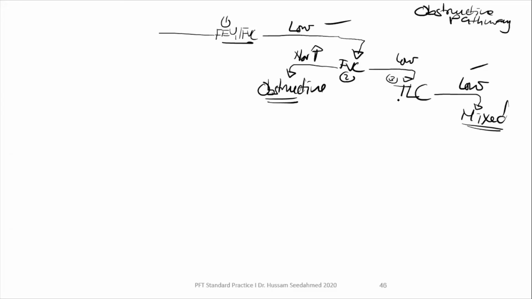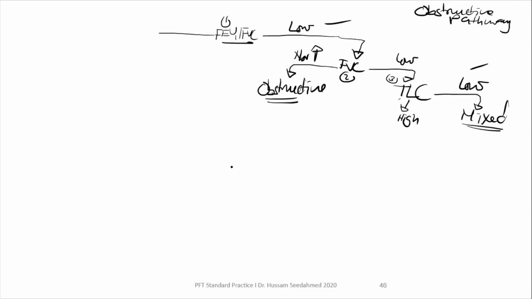طيب نجي للخيار الثاني. إذا طلع لي high، what does this mean؟ يعني أنا عندي الريشيو low والFVC low. التوتال lung capacity طلعت high. The total lung capacity now is high.